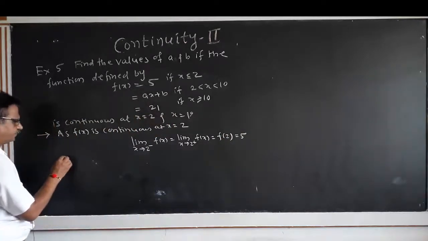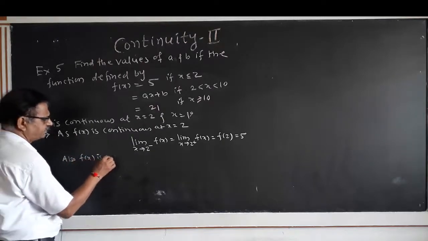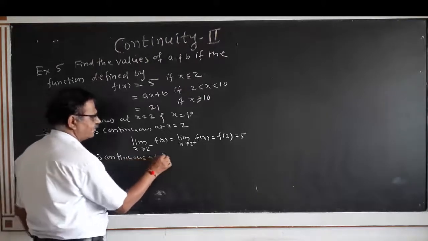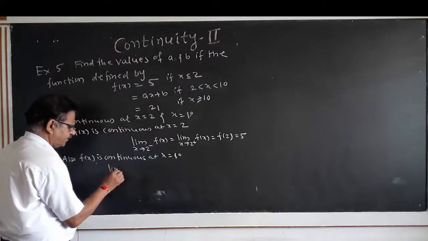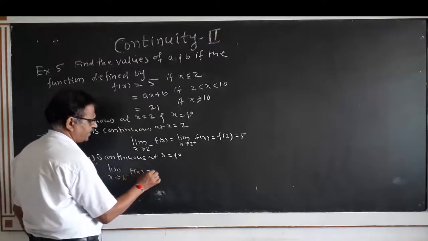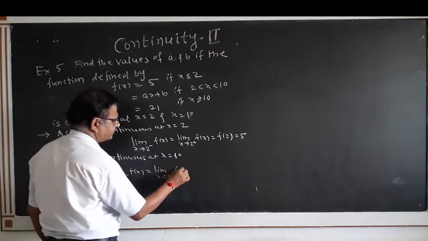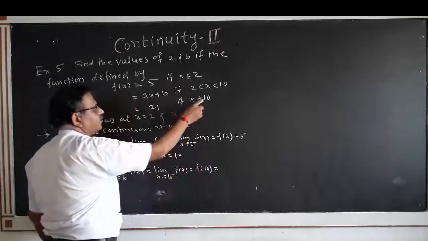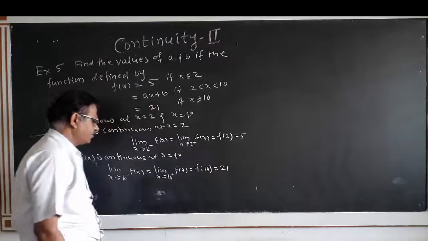Also, f(x) is continuous at x equal to 10. Therefore, limit x tends to 10 minus of f(x) equal to limit x tends to 10 plus of f(x) equal to f of 10, and f of 10, at x equal to 10 the value is 21. Thus we got two equations.